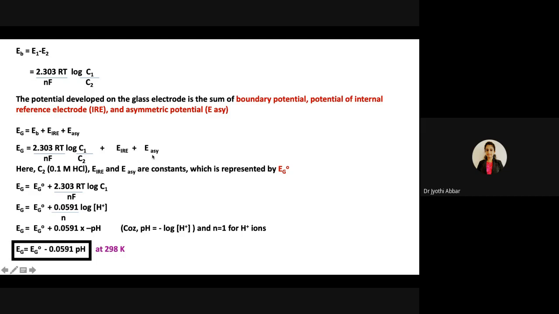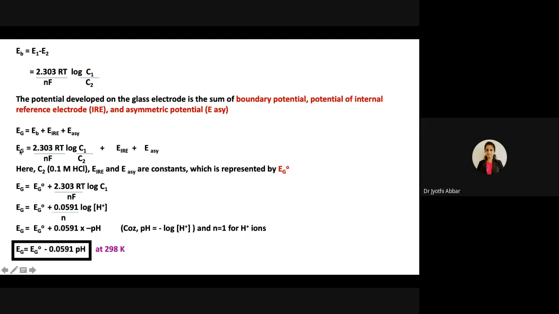The asymmetric potential also remains standard. It means all these three values, C2, E_IRE and the asymmetric potential, are going to become constants. Let us represent all these three constants with a new constant, Eg naught, which is called the standard reduction potential of the glass electrode.